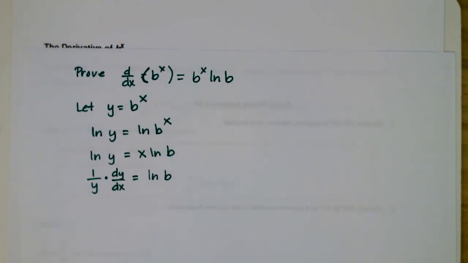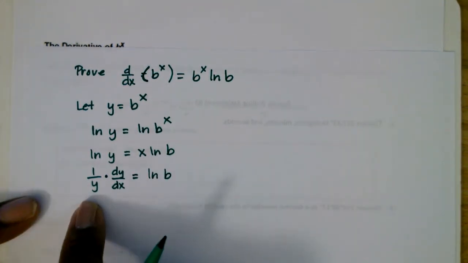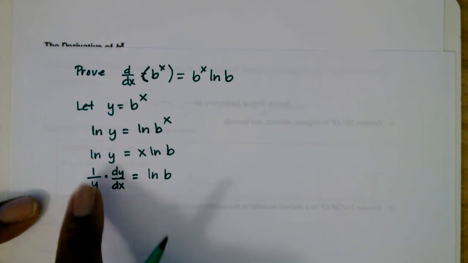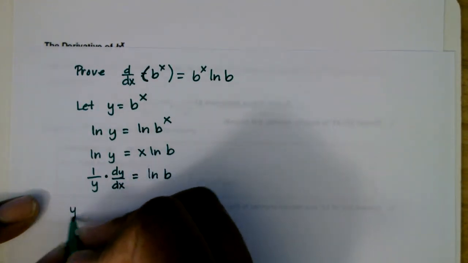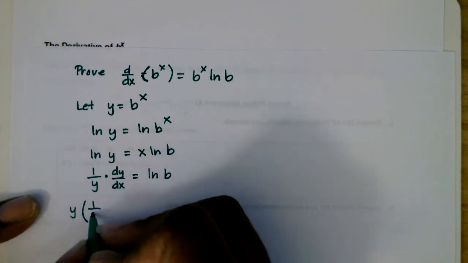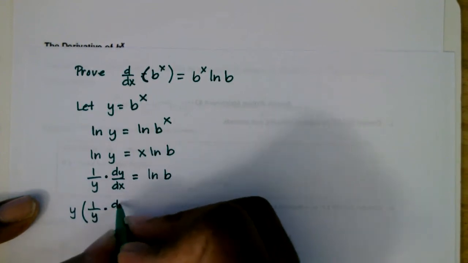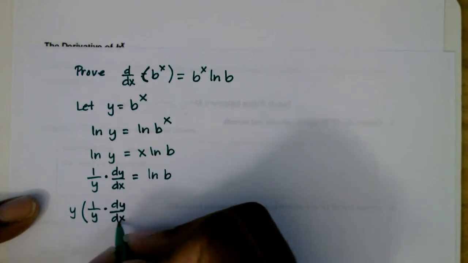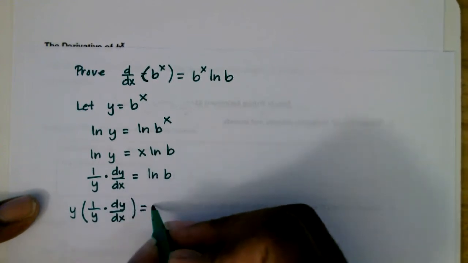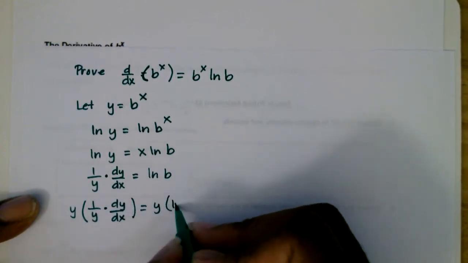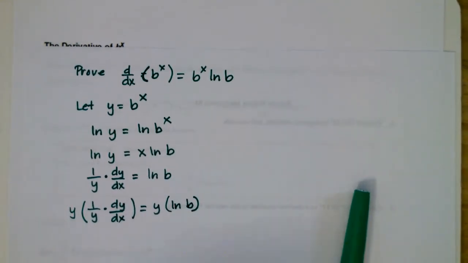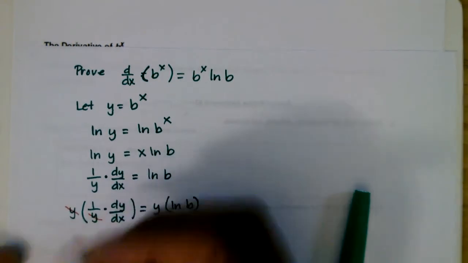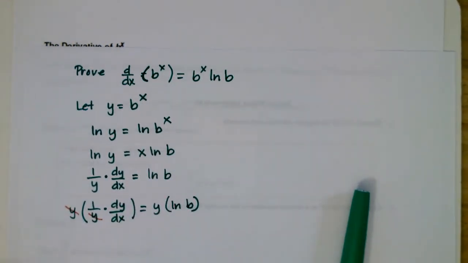Now I need to solve for dy dx. I need to get rid of the 1 over y. What I need to do there is just multiply both sides by y. So this ln of b will be multiplied by y. And what's going to happen here is that the y's divide out. I'm left with just dy dx.